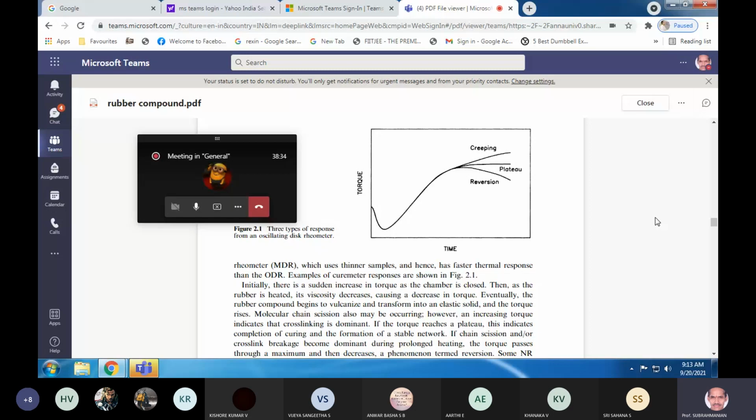I remember I told you the anti-reversion agent being promoted for NR is perhaps the only ingredient that is water soluble. What does it mean?